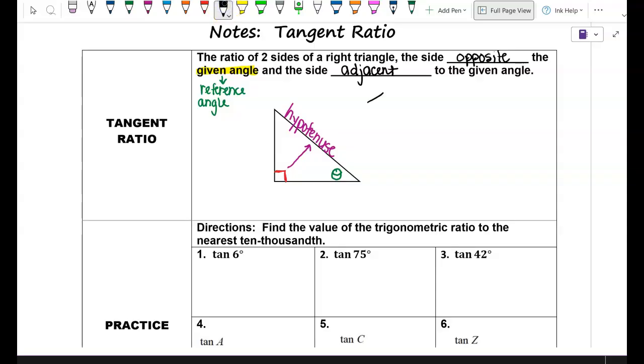So if we say the tangent, and when I say the word tangent, when I write it, I'm only writing the first three letters. The tangent of theta. So again, this right here is the Greek letter theta.